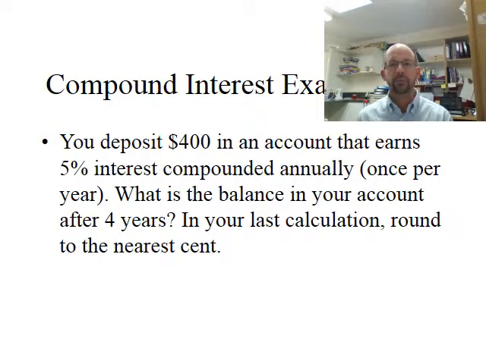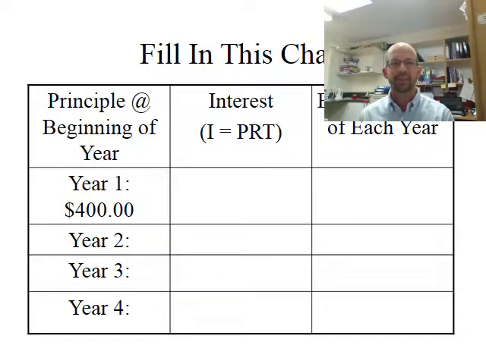An example. We deposit $400 again, like before, at 5% for 4 years, and it's compounded annually, which means once per year. In this example, you could pause and work ahead, or you could work along with me.